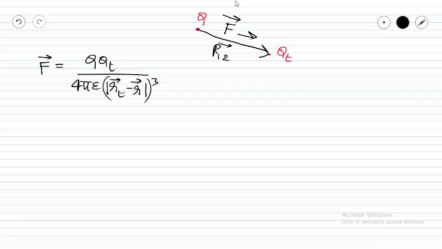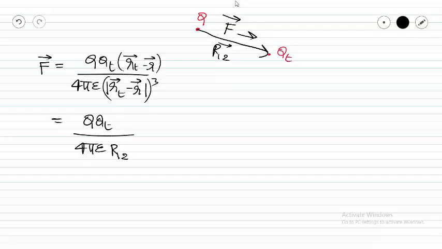Similarly here Rt bar minus R bar. So this is the expression for force. Or in simple form we can write Q Qt by 4 pi epsilon R12 square, a R12 bar. So this is force acting on Qt due to Q.